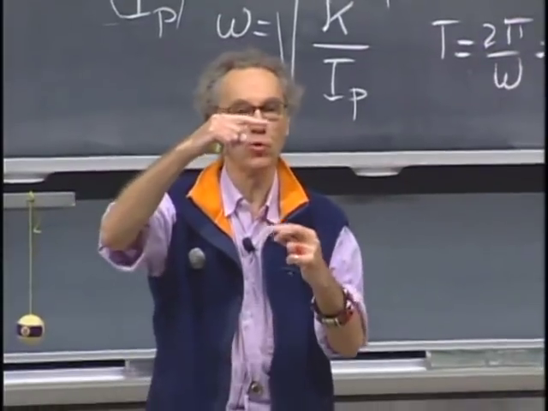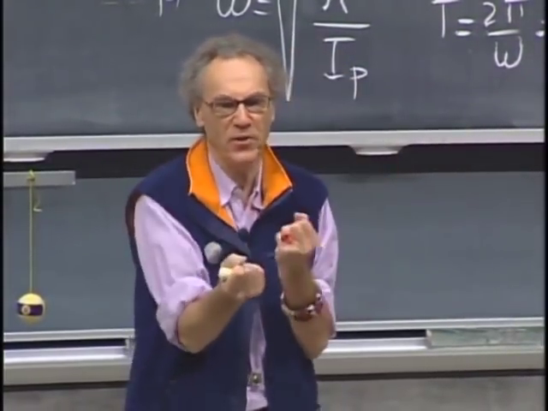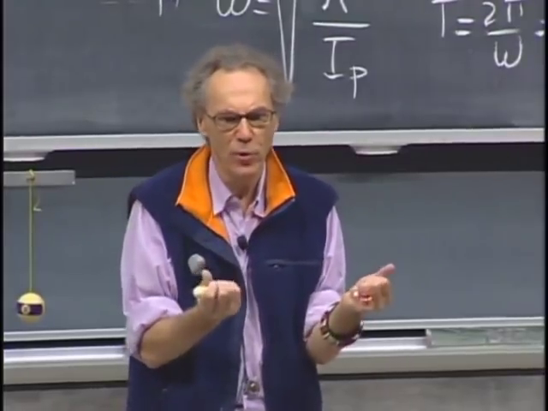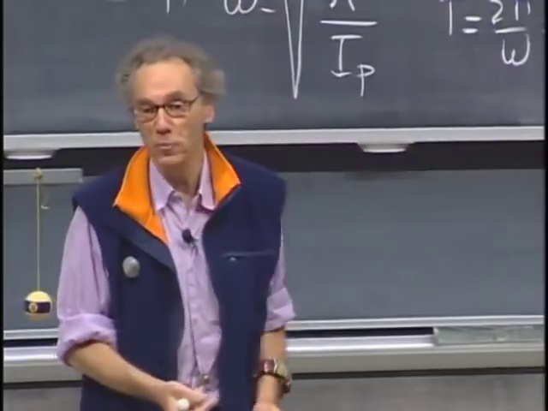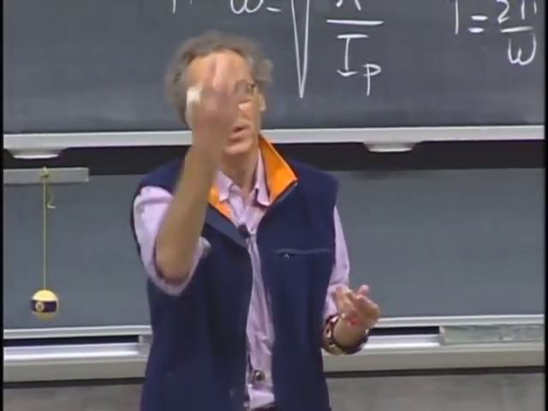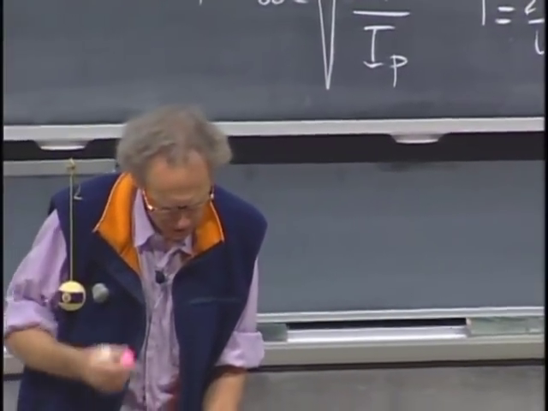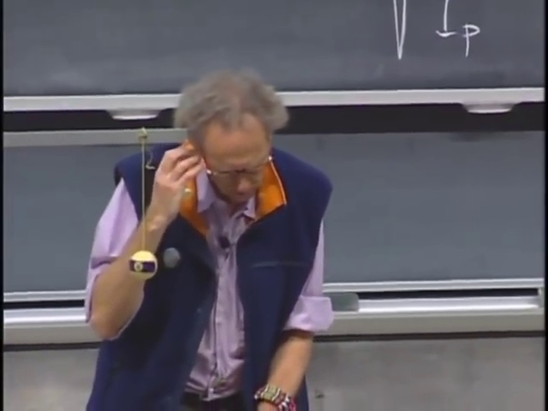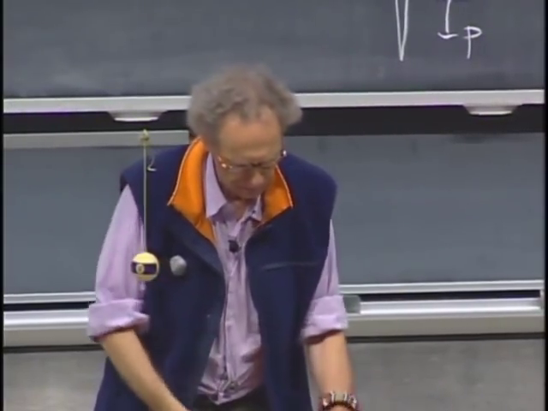If you had a very short rod, clamped at the top, and you twist it, you would need a tremendous torque for 10 degrees. If you make the wire 100 meters long and you want to twist it 10 degrees, it takes nothing. So you can immediately see that the value for kappa, the torsional constant, is a function of the length. It will go down when the length goes up.